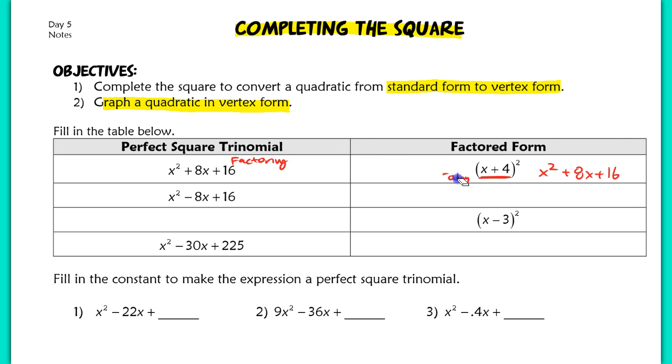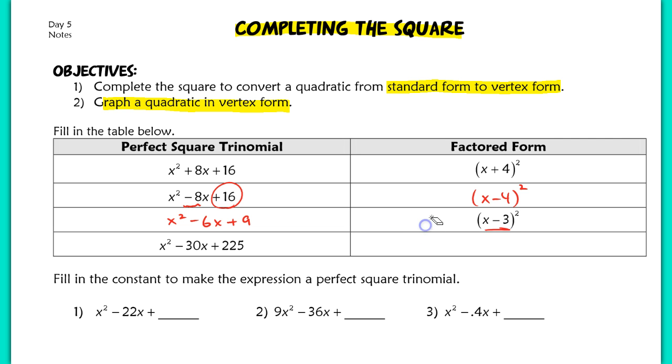Now, what we're going to do is real quick complete the rest of this table. So this next example here, when I see that negative 8x here and a positive 16, that means that its factored form was x minus 4 squared. Okay, x minus 3 squared would give me x squared minus 6x plus 9. And very quickly I can do that because I know that if I double the middle term, that would be negative 6x, and then I square that term, I get a positive 9.